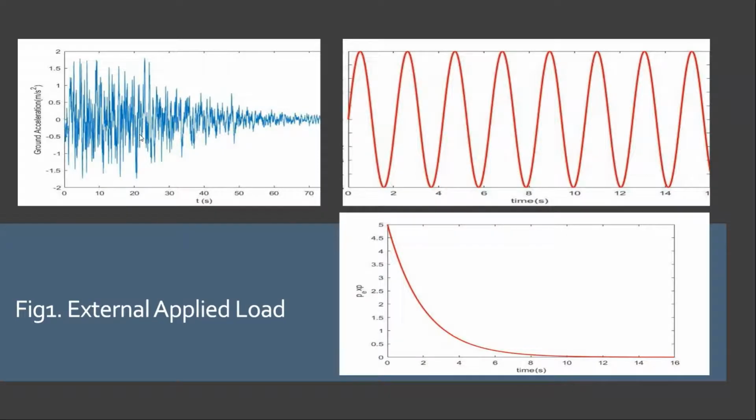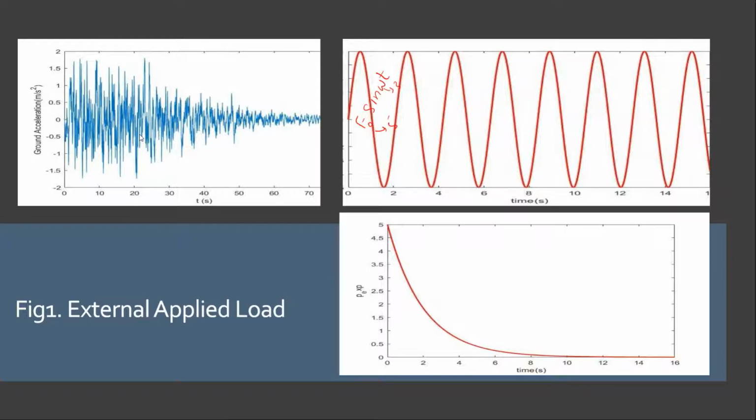We can see the forcing function F naught sine omega t, where we considered F naught as 5 and omega as 3, and t is the varying time. It is a nicely distributed function, so we can solve it analytically.